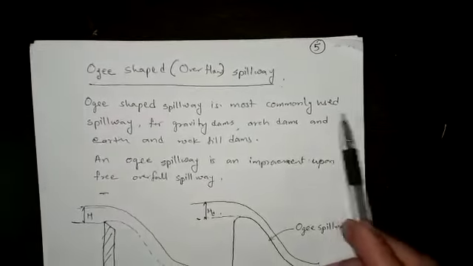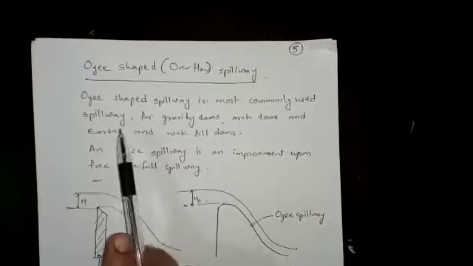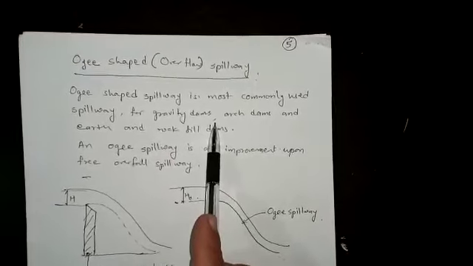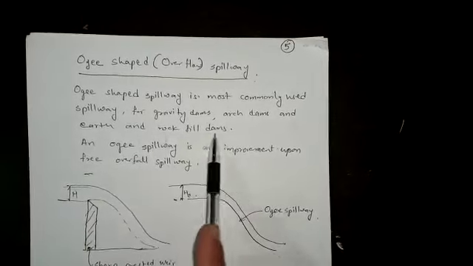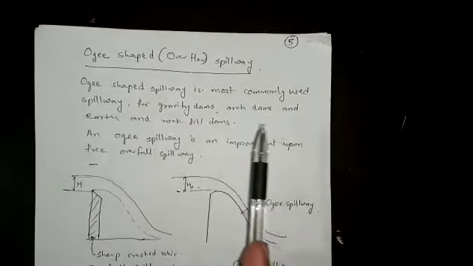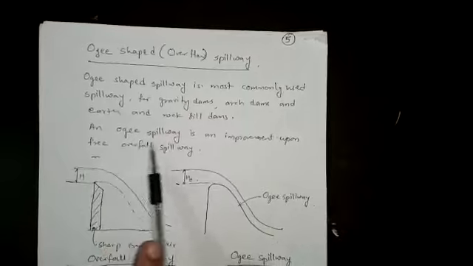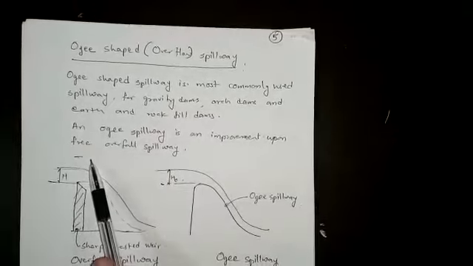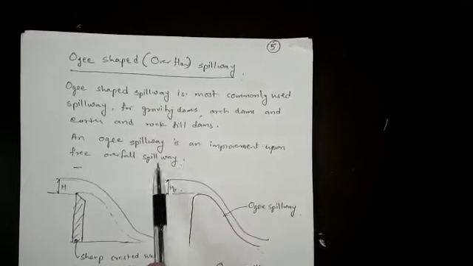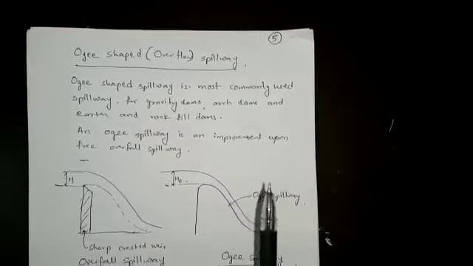Ogee shaft spillway is the most commonly used spillway for gravity dams, arch dams, and also earth and rockfill dams. The ogee spillway is an improvement over a free overfall spillway.